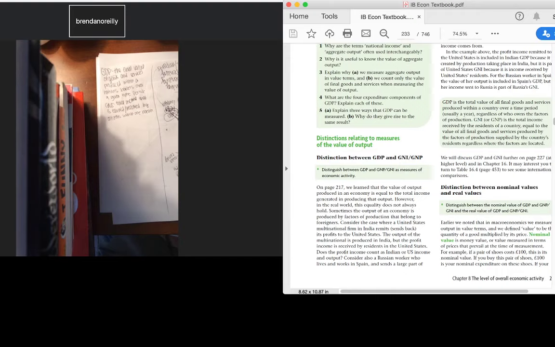But that would not be counted in GDP. That's the difference between the two, because GDP is only measuring the final value of goods and services produced within a nation's borders at any given time, but GNI can also include stuff that's not produced within our borders, but still by residents of this country. So those are the differences between GDP and GNI.